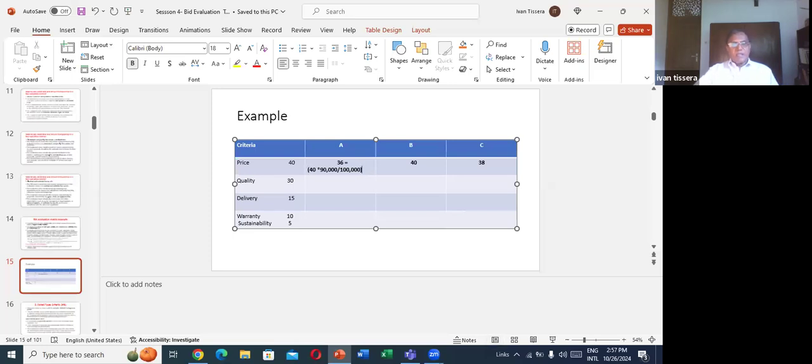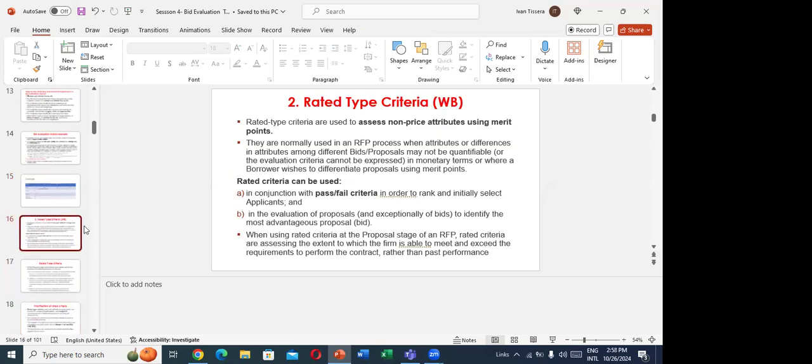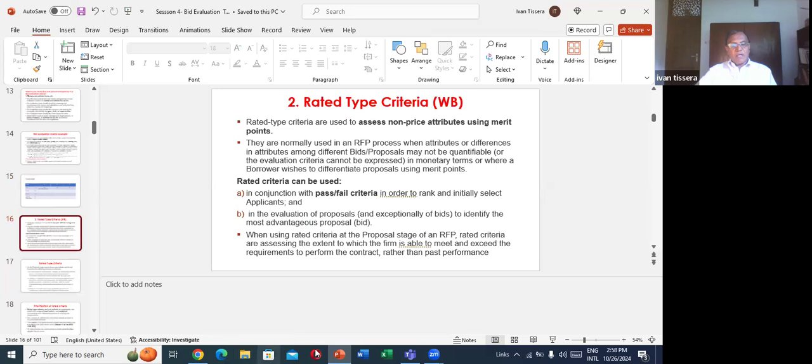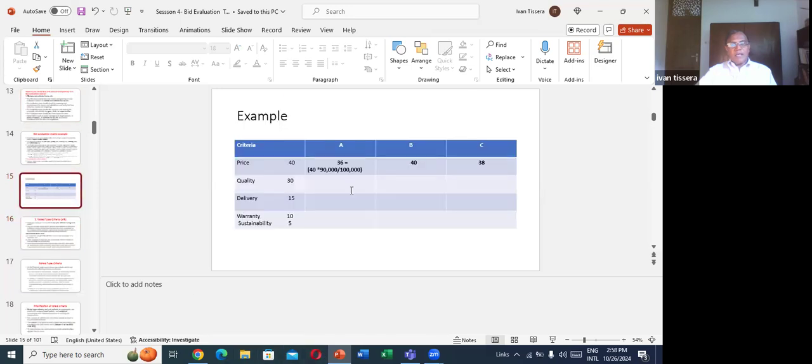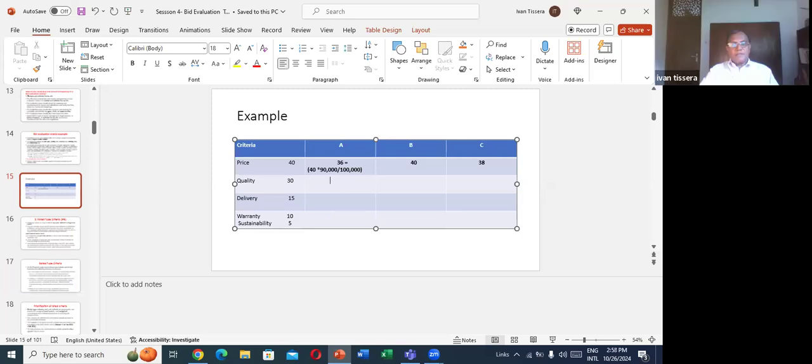Similarly, other points. So regarding quality, who will get the highest marks? A and C. Sure that I'm calculate. A how much? 30. A 30. B how much?